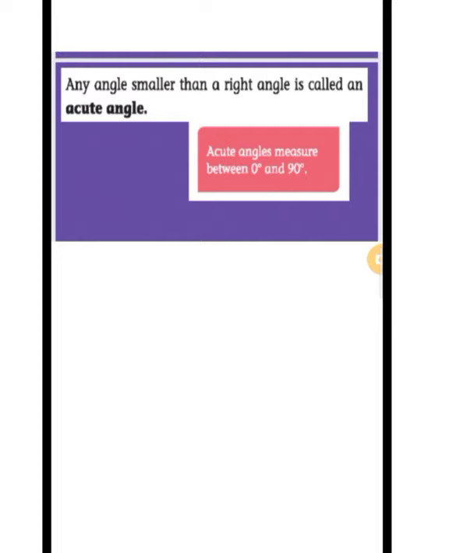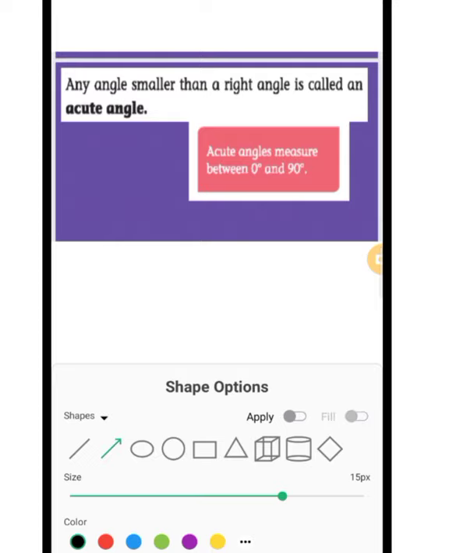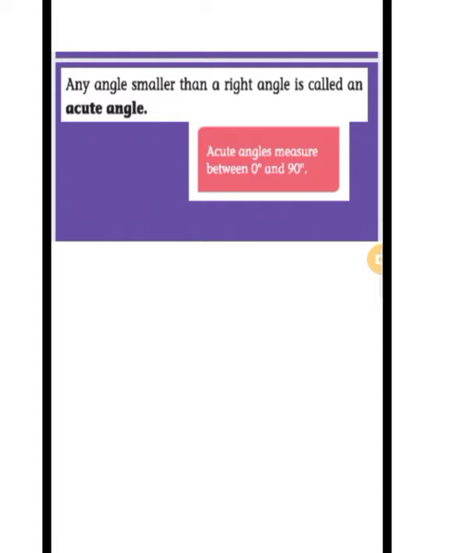So the angle will be like this. It is lesser than 90 degree.